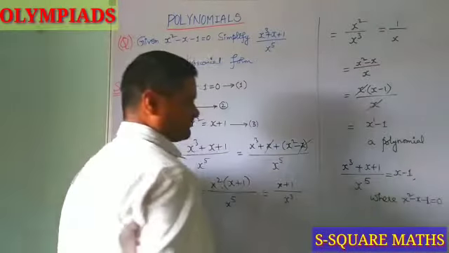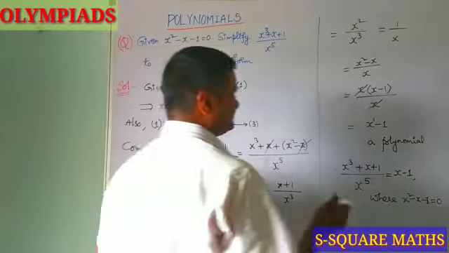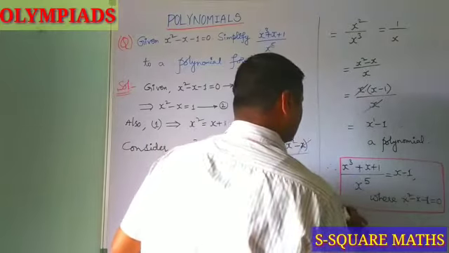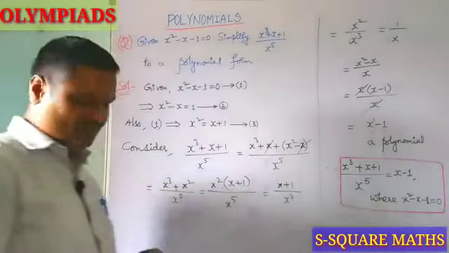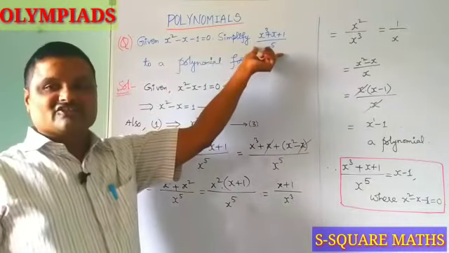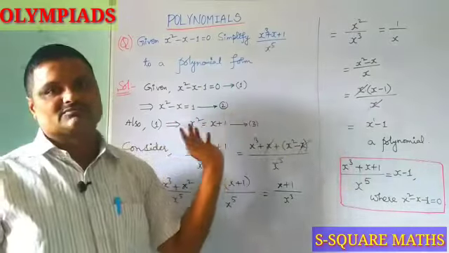By using this expression, we have derived our expression to get the polynomial form. So in this way we can overcome the intention of the problem using this expression to get the polynomial form.